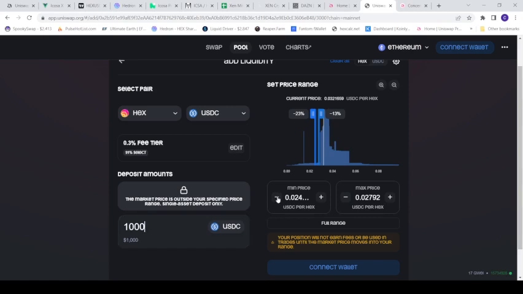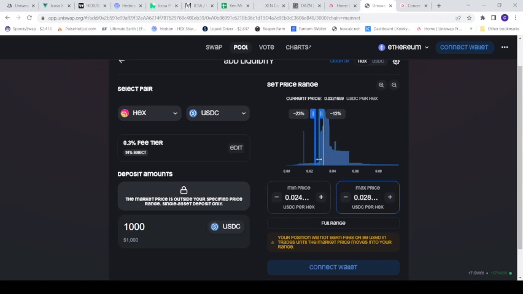So now you can provide liquidity in US dollars. So I want to buy between 2.4 and 2.8 cents. So your 1,000 USDC is sitting right at 2.4 and 2.8.